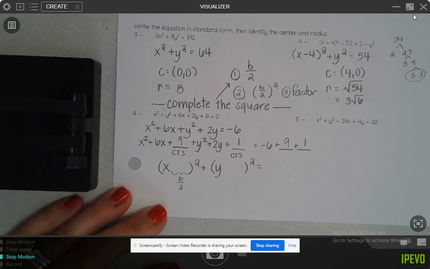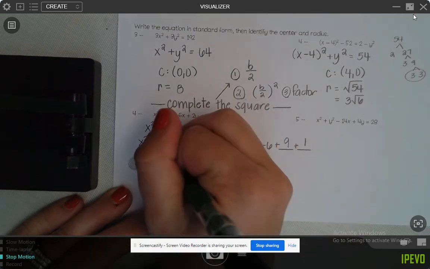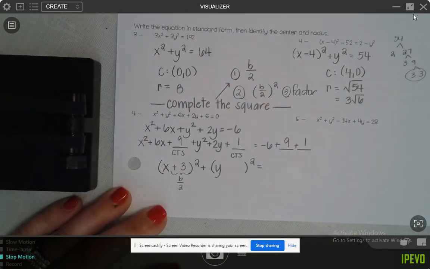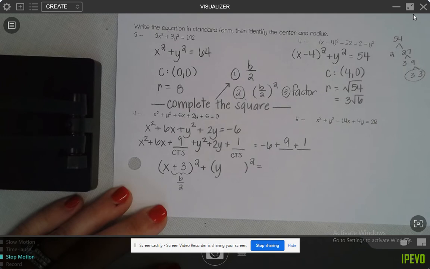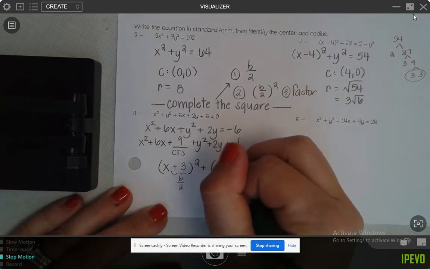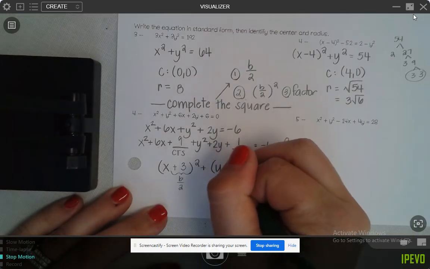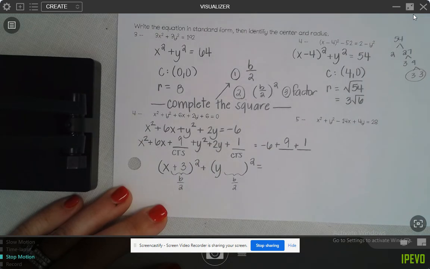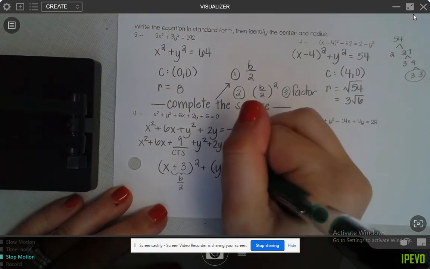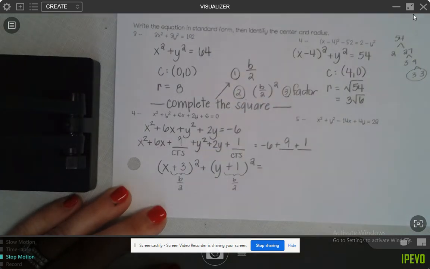B divided by 2, 3. And it is positive, right? This is also going to be whatever b divided by 2 is there, which is what? 1. And it equals what? -6 plus 9 plus 1, 4.